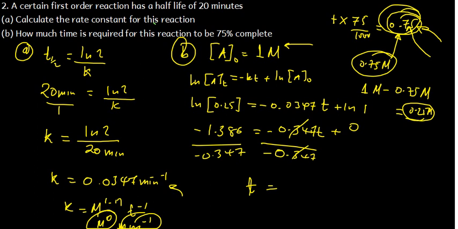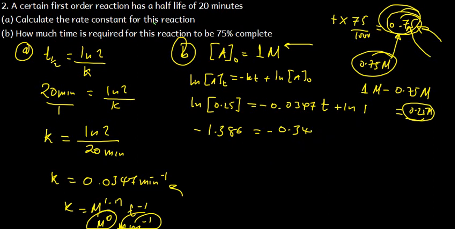Okay, there's another 0 here. I don't know why I'm writing only one 0. So there is another 0 there, and then 0.0347t.